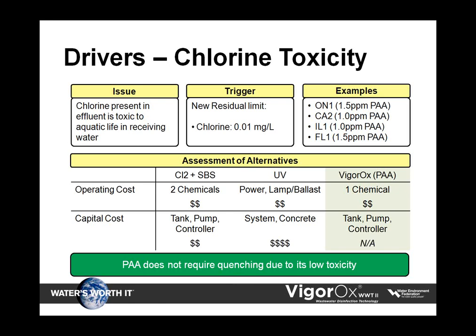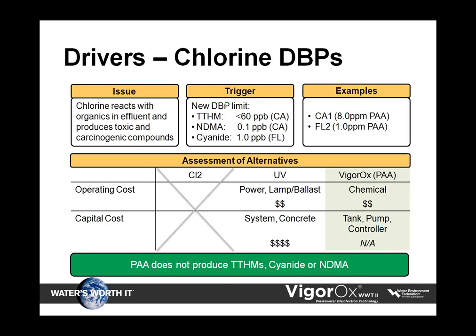While the operating cost of the 3 alternatives was basically the same, these plants preferred Vigorox because of its simplicity. PAA does not require quenching, so it can be implemented as a one-chemical solution. On the capital cost side, Vigorox was also preferred, since tanks and chem feed equipment are leased to the cities at a nominal cost.